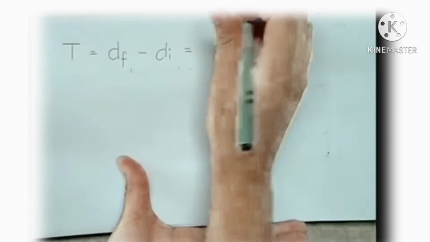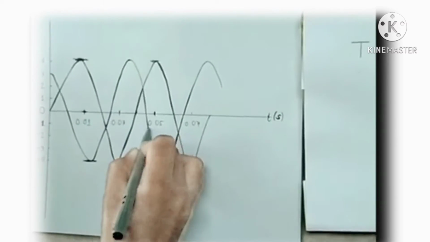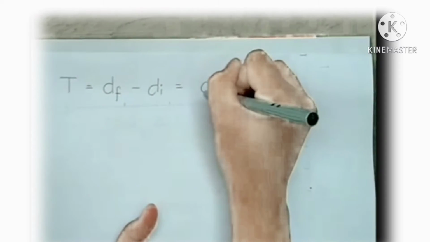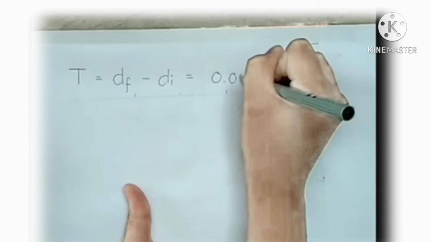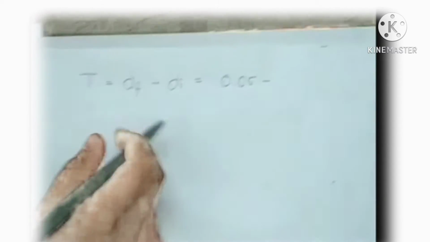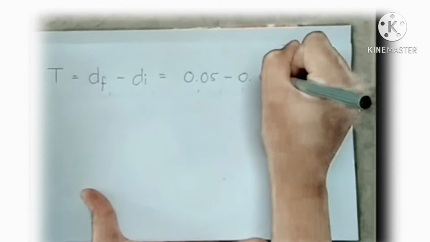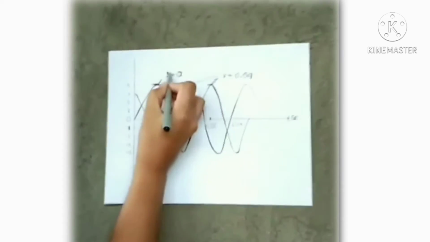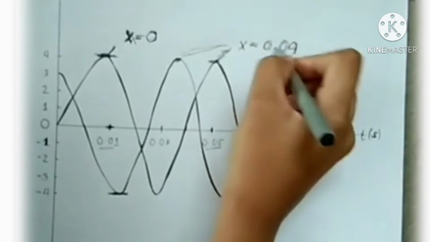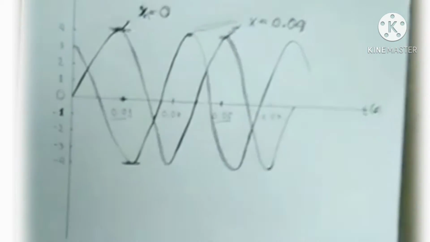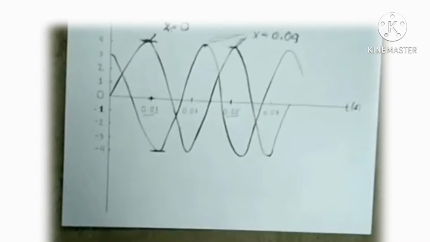The given final time is 0.05 minus the initial time 0.01. We were told that the point here is x equals 0 and the point here is x equals 0.09. They are in the same wavelength.